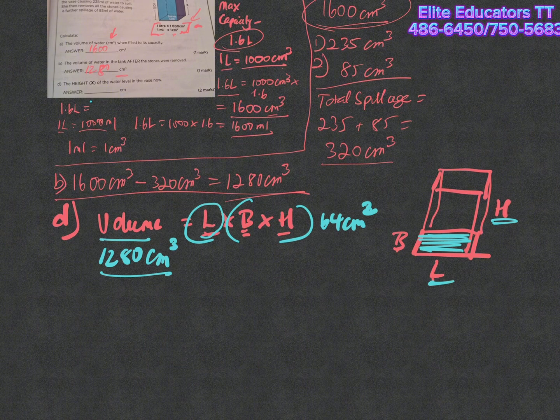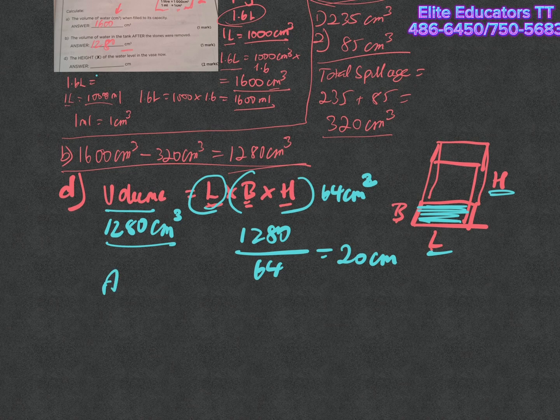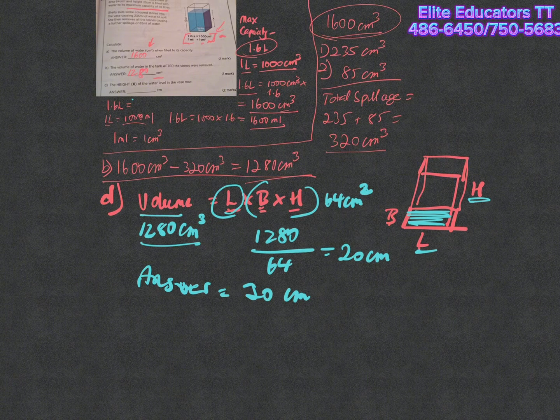We just take the total volume, which is 1280, and divide it by the area, which is 64, and when we divide it, we get a total of 20 centimeters. So the answer is equal to 20 centimeters.